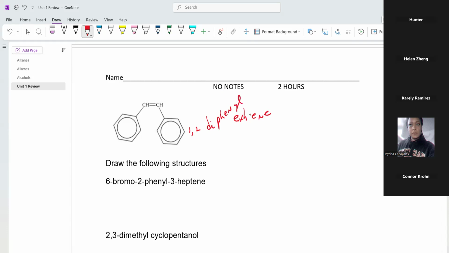And when benzene is a branch, it's a phenyl branch. So it's 1,2-diphenyl ethene. And it is a cis as well.